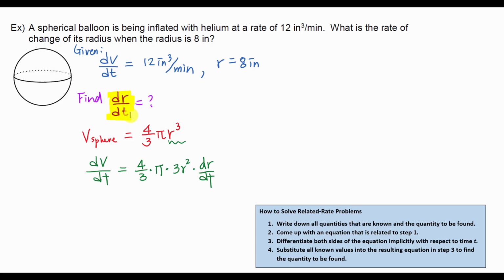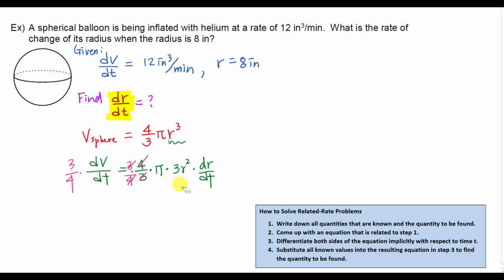There's 2 ways to do it. You can just plug in all the numbers that you know now and then solve for dr/dt, or you can solve the equation you have right now for dr/dt and then plug the value in. Either way is fine. So I will just solve for dr/dt. To do that, let's get rid of the 4/3 first. To get rid of 4/3, you can multiply both sides by the reciprocal, and the reciprocal of 4/3 is 3/4.